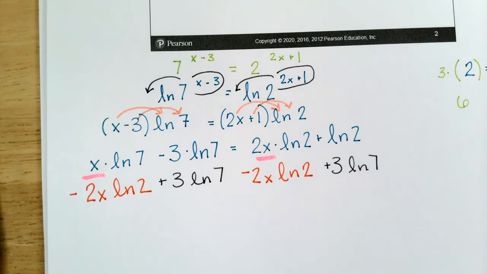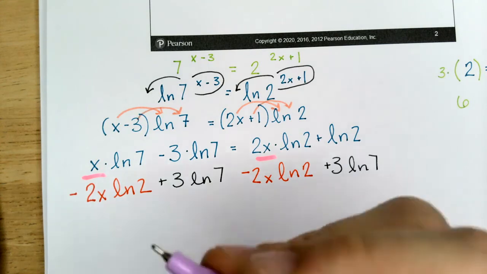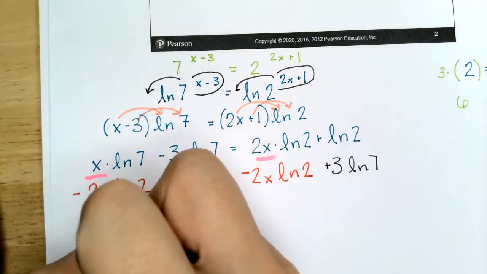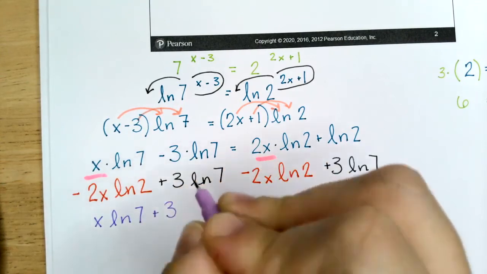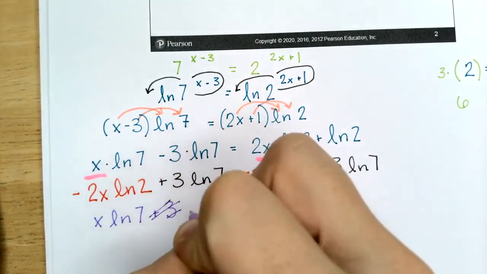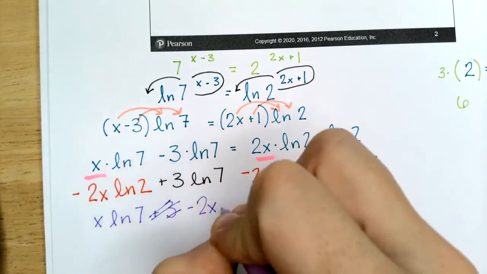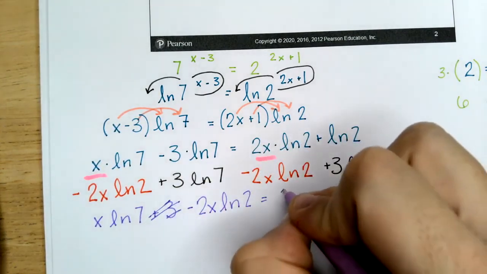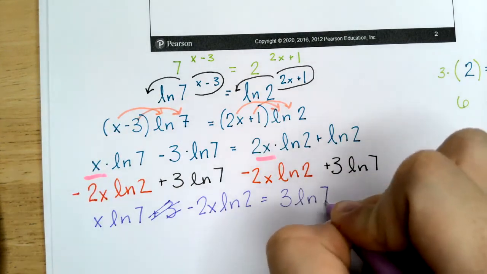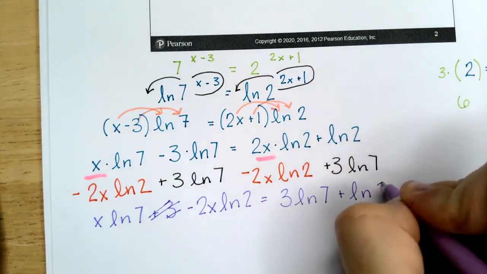Okay, so now I have x natural log 7 minus 2x natural log 2 equals 3 natural log 7 plus natural log 2.